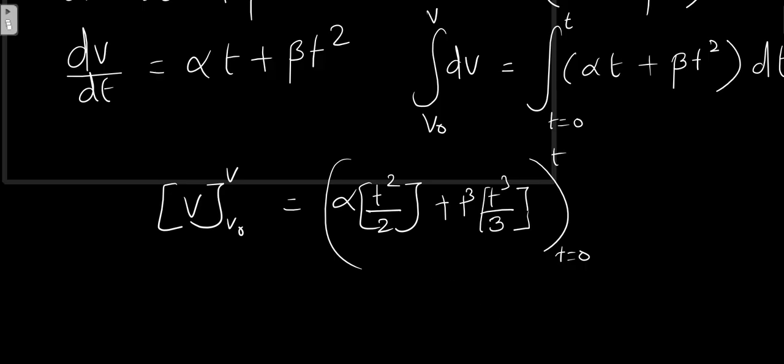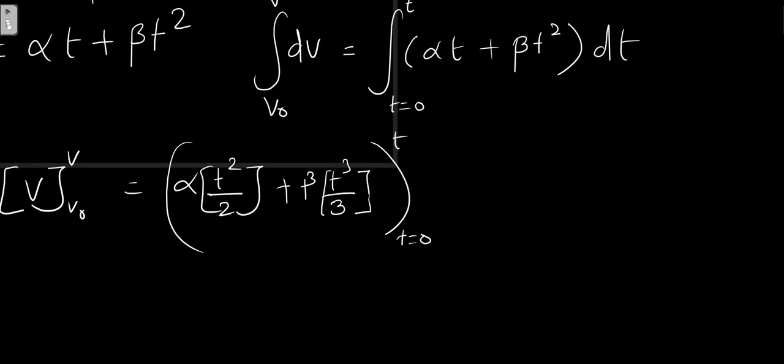After that we will have alpha by 2 t square plus beta by 3 t cube. When applying upper limit minus lower limit, it is t squared minus 0 squared, and 0 squared is always 0, so there is no need to apply the lower limit. So applying upper limit minus lower limit, we get this form, no problem.